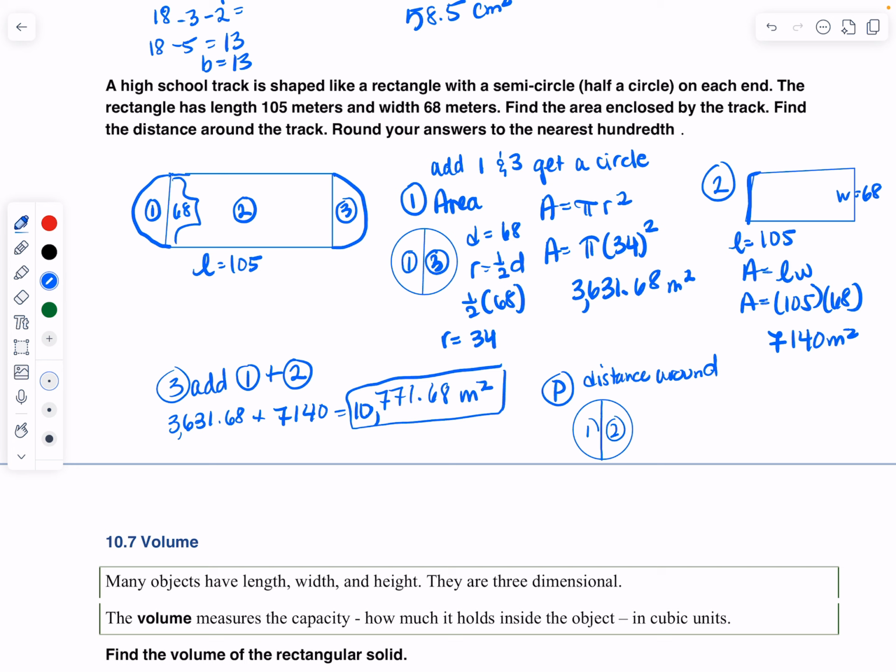So I'm not finding area, I'm finding the distance around. So I'm looking for this. For the two ends, I'm going to find the circumference. The circumference can be found by taking pi times the diameter. And the diameter, remember, is 68.